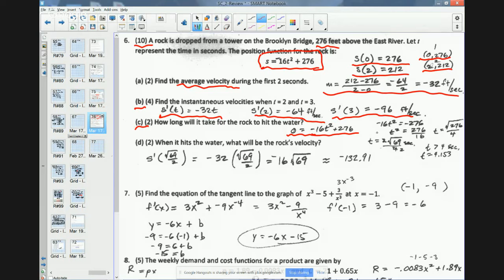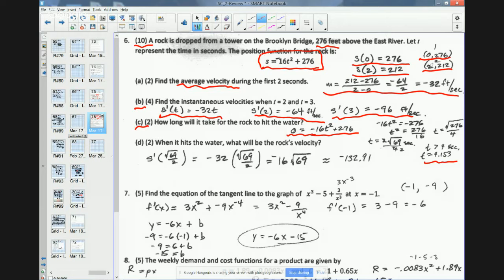I subtracted 276 from both sides, then divided both sides by -16, and then you can take the square roots. If you do all that calculating, it comes out to a little over 4 seconds.